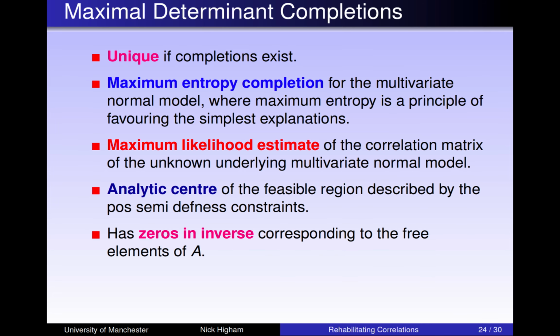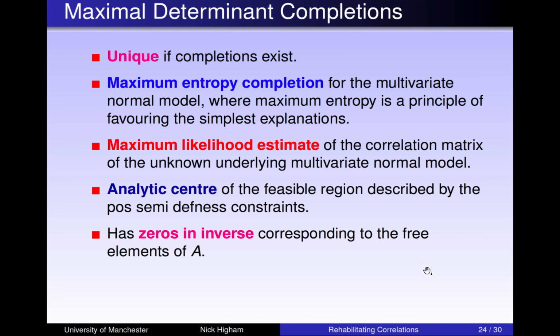Well, the usual answer here is the maximal determinant completion. So of all the possible completions, we want the one that has the largest determinant. And it turns out this completion is unique if completions exist. And it has some very nice properties. It has a maximum entropy property, it has a maximum likelihood property, it turns out to be the analytic center of the feasible region, i.e. the set of all possible completions.